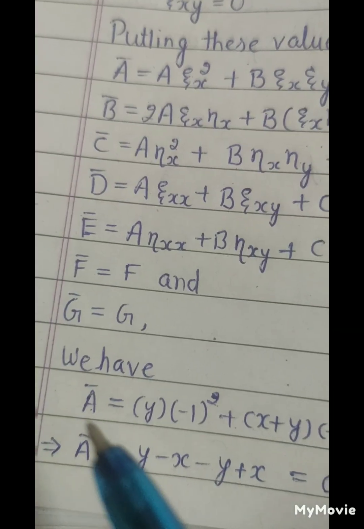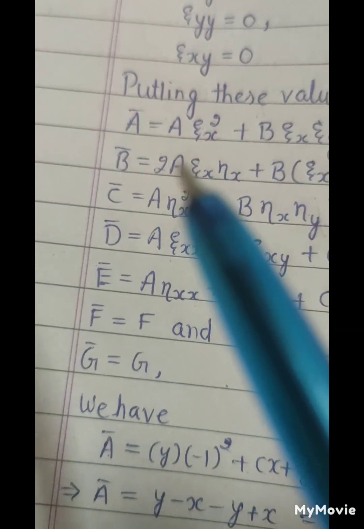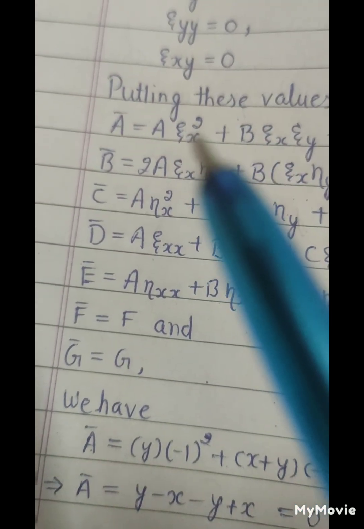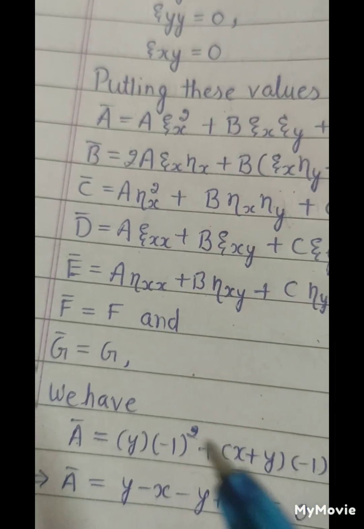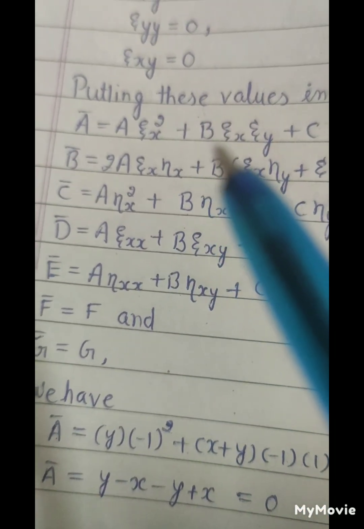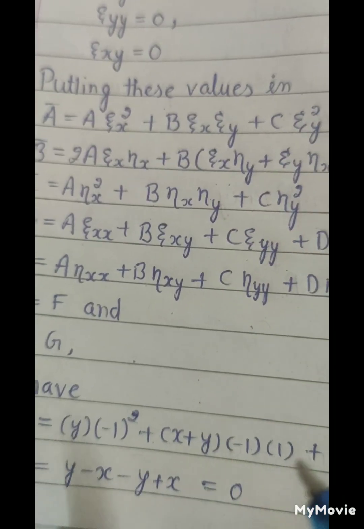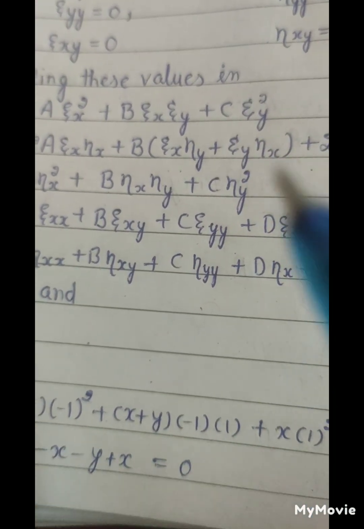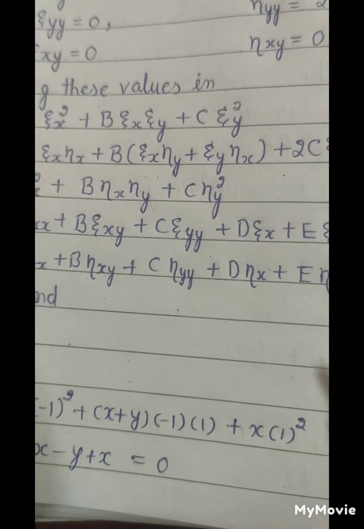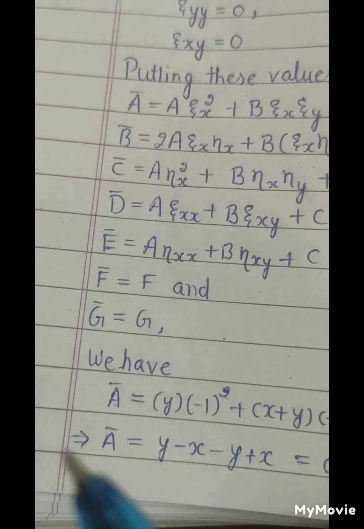We have a bar equals a, which is y, into xi x square, which is minus 1 square, plus b, which is x plus y, into xi x xi y, which is minus 1 and 1, plus c, which is x, and xi y equals 1 square.